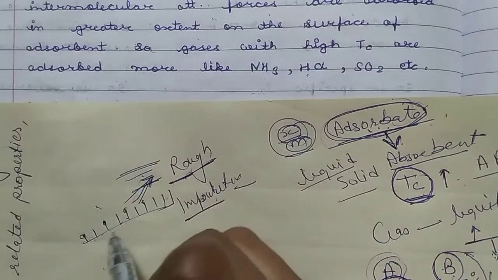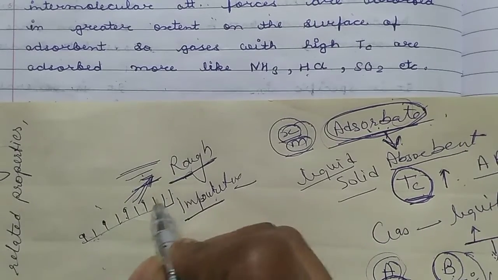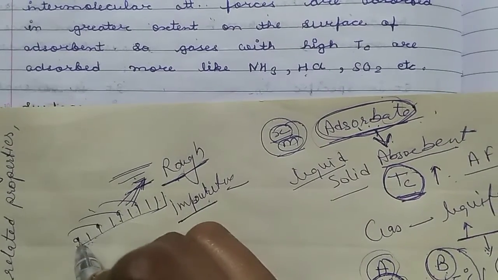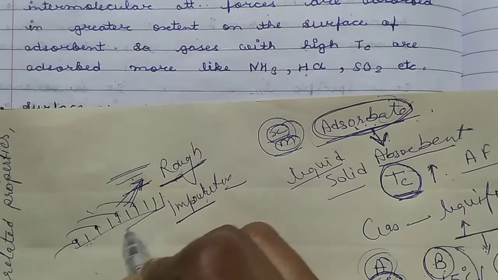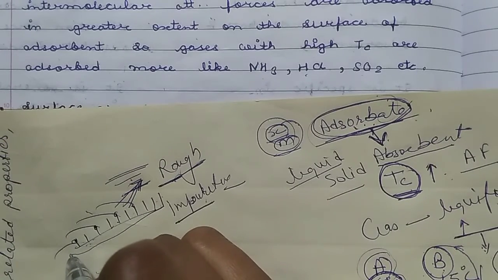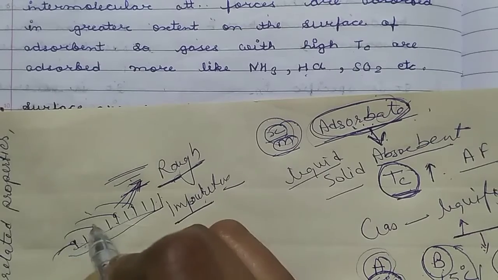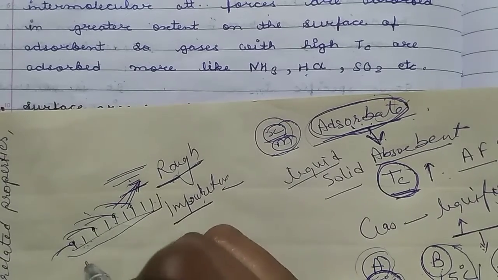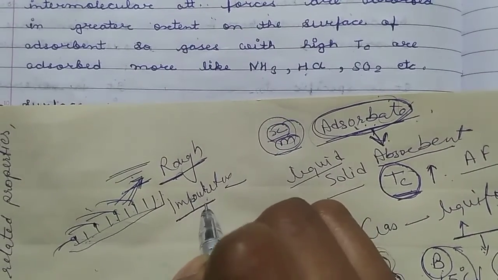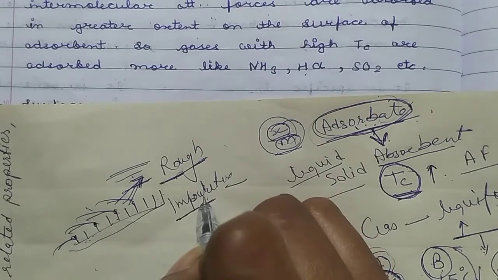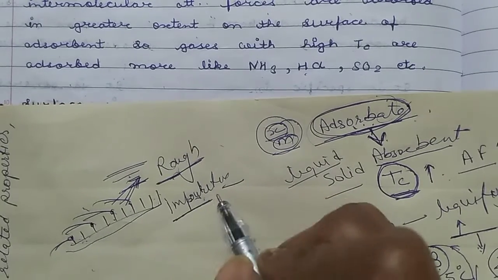But these seats are for VIPs. If we remove these unwanted candidates, then 10 VIPs can sit here. So it is important to remove these 4 impurities. So if impurities are removed, then the extent of adsorption is increased.